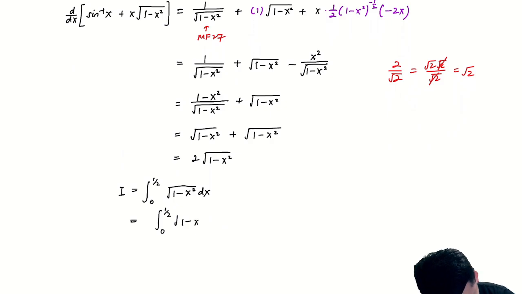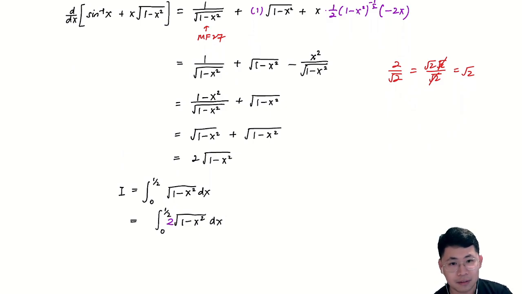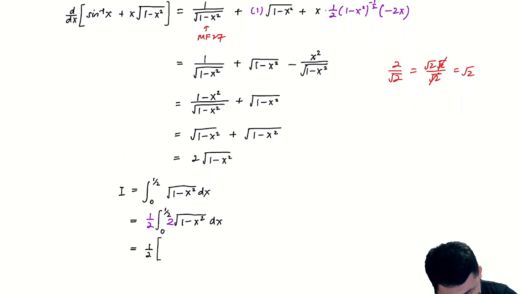I need the 2 from the previous question, so I need the 2 to be over here. Because of that, I need to balance it by multiplying by a half in front.